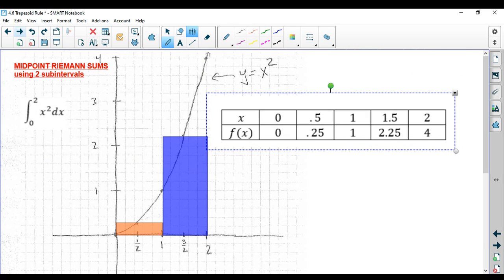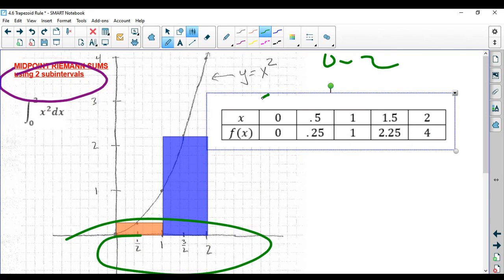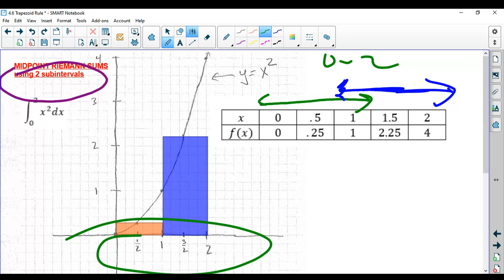Finally, the midpoints. Now, for the midpoints, I said use two subintervals. So, since we're going from 0 to 2, that's the limits of our integral, we go from 0 to 1. That's the first interval. And the second interval is from 1 to 2. So now the widths of both those are 1.